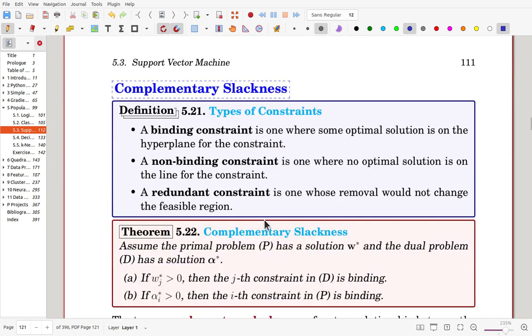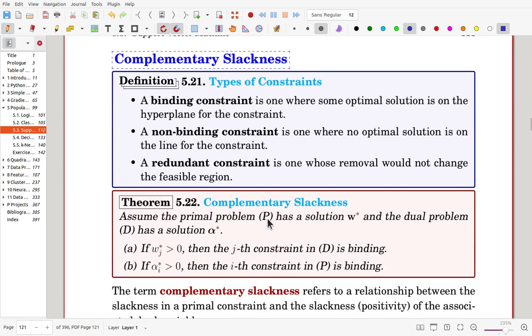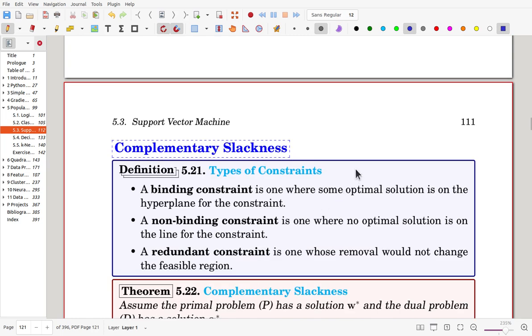Okay, here I'll explain what complementary slackness is. There are 3 types of constraints. The first one is the binding constraint. That is one where some optimal solution is on the hyperplane for the constraint. If you consider, for example, linear programming, then it's easy to understand.